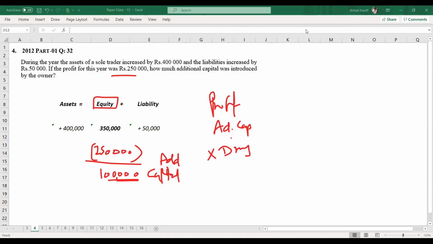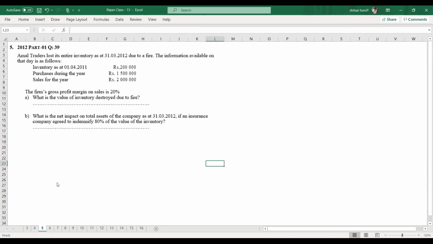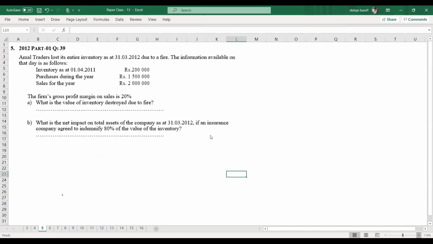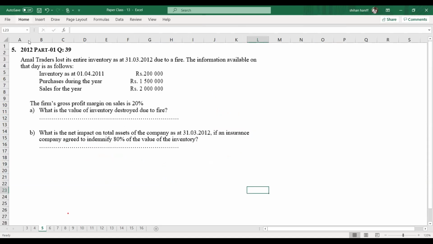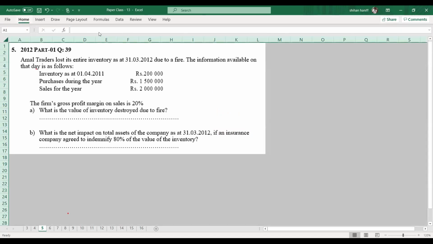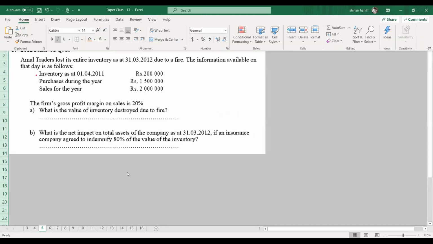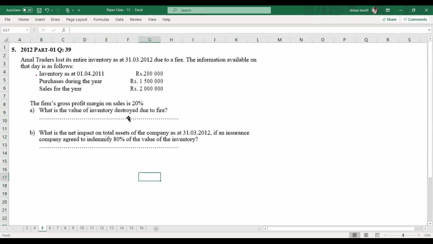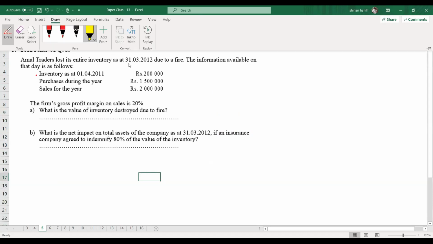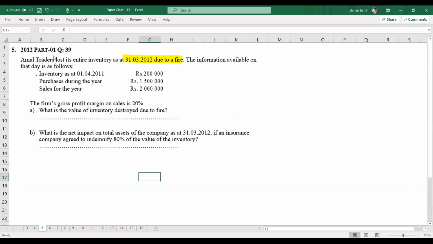Okay. Right. So let's move to question number 5. This is also another past paper question, 2012. Amal Traders lost its entire inventory as at 31st March 2012 due to a fire.